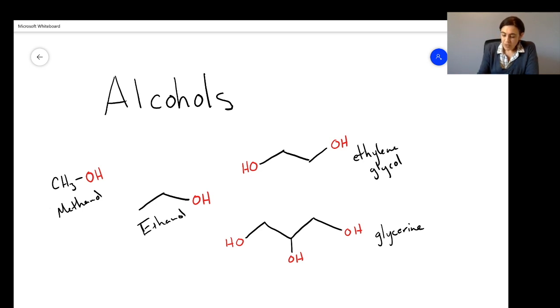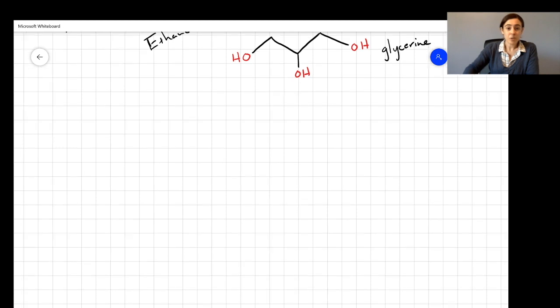I will point out that ethylene glycol is also a viscous liquid, unlike ethanol. If we then move up and add one more carbon and one more OH group, we get to the compound glycerin, which is another lubricant that is also used in the making of explosives. Also the title of a Bush song.